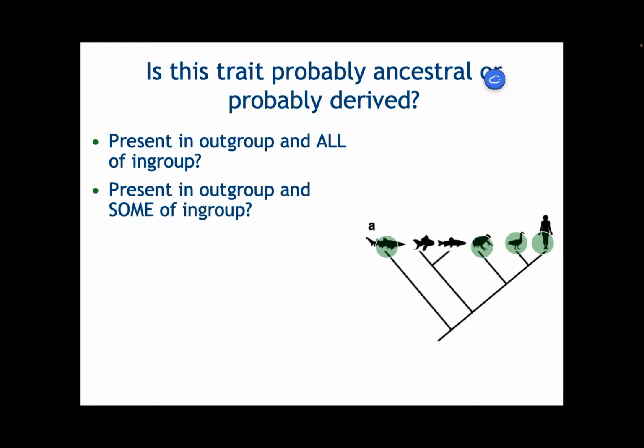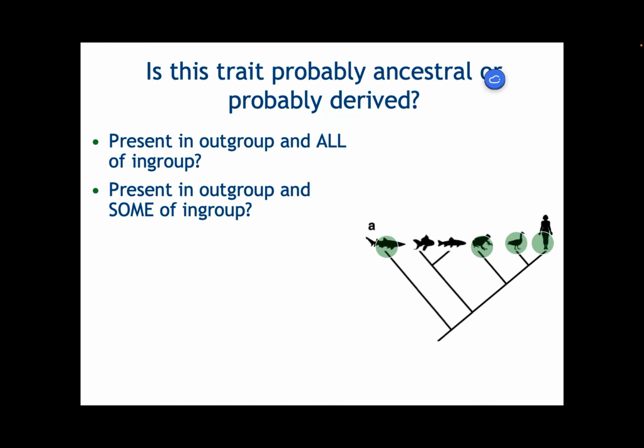So the most likely explanation, which is also the simplest explanation, is that the most recent common ancestor did have the trait, so this trait is ancestral. That's why the outgroup has it. That's why these members of the in-group have it. The only thing we have to explain is at some point in time, the lineage leading to these two things must have lost the trait. That is the most likely explanation. So probably a trait that is present in the outgroup and some of the in-group is ancestral.